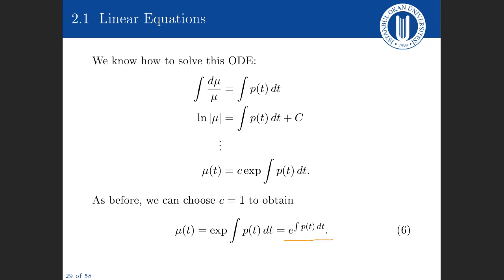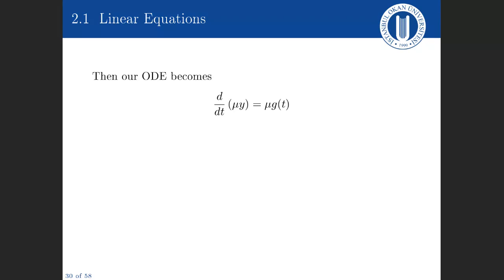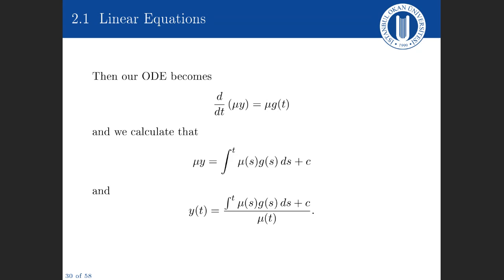It's not e to the power p(t), it's e to the power integral of p(t). Then, if we choose the correct integrating factor, our differential equation just becomes the derivative of μy is equal to μg. Integrate both sides and rearrange, and we have a general solution.